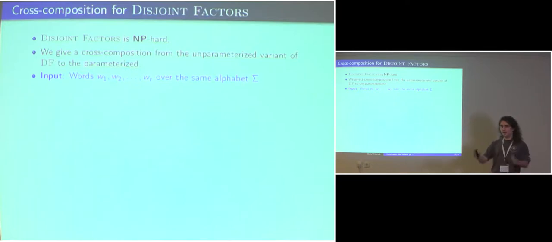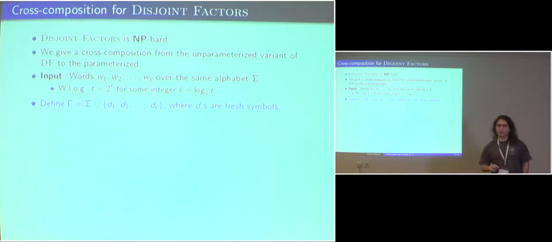Again, I can group the instances according to the alphabet size, so I can assume that the alphabet size is always the same, and think of all the words as over the same alphabet. Again, copying instances yields that I can assume that the number of instances is a power of 2. So L is the logarithm of the number of instances. Now I will extend my alphabet a bit.